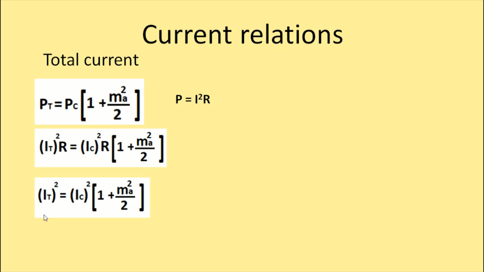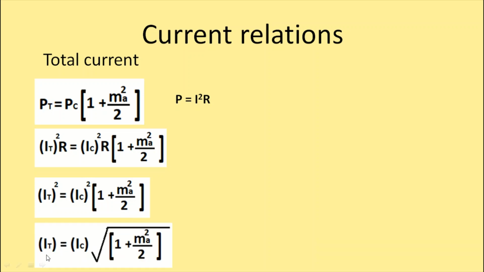So what I get is IT square is equal to IC square into 1 plus MA square by 2. And from this I can get the value of IT, that is total current, as equal to IC into square root of 1 plus MA square by 2. Now this is the expression for IT, which is one of the important equations using which you can calculate the total current in the given AM wave.